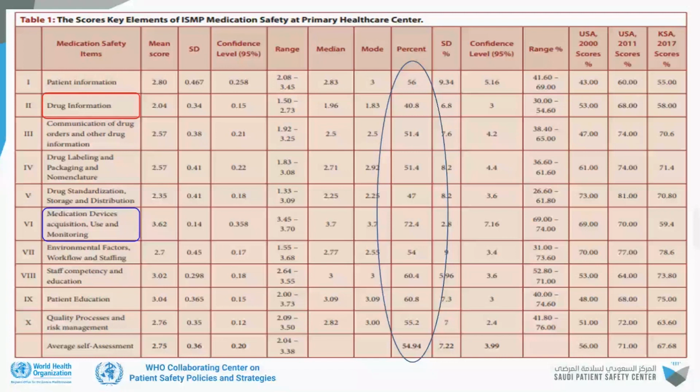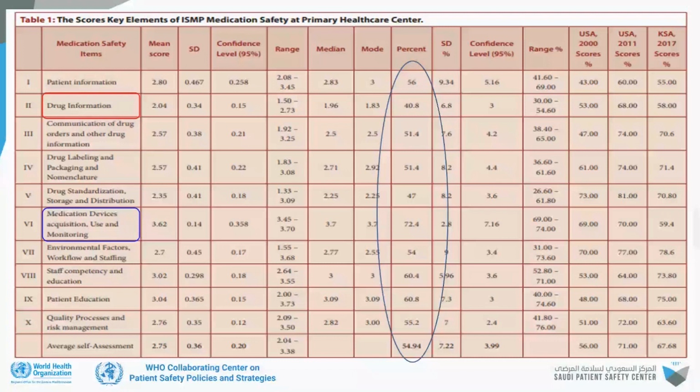The highest percentage we found was in the primary care centers. Medication devices acquisition and user monitoring got a very high score, reaching 72%, while drug information availability in the primary care centers had the lowest percentage.